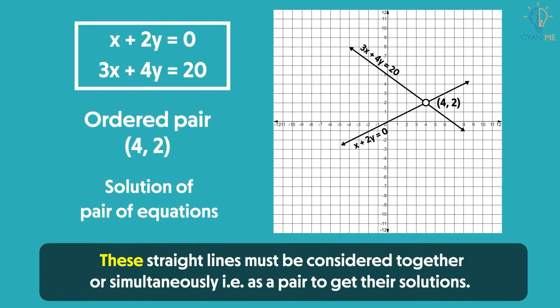Remember that these straight lines must be considered together or simultaneously, that is, as a pair to get their solutions, which means plot these lines on the same graph paper.